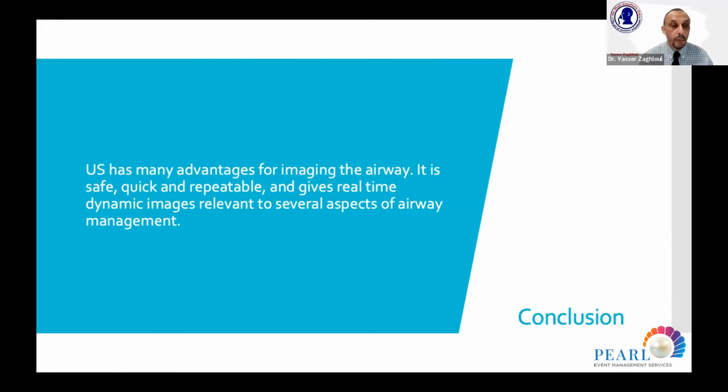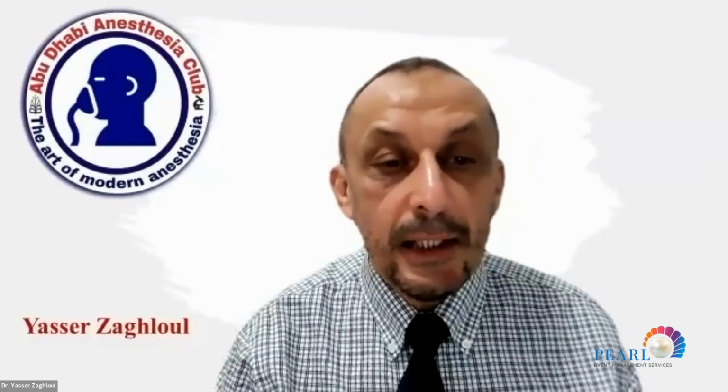We have two questions from Dr. Abdul Salam. First, he is asking about the nerve block, and I think you already mentioned it in the superior laryngeal nerve block. And he's asking whether we can do a nerve block for tracheostomy using the ultrasound. Can we do that?